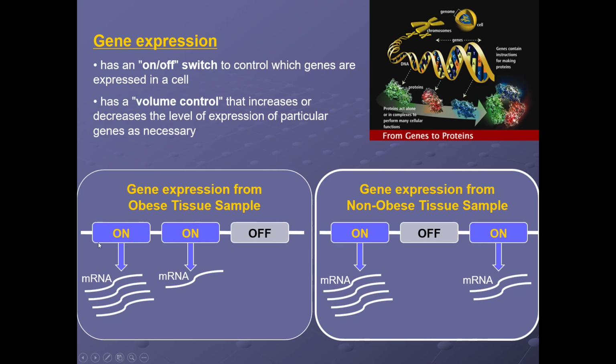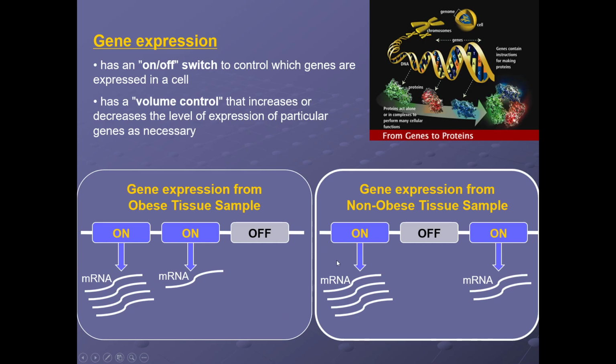It could be that despite the gene being on in both cases, the actual amount of mRNA being made in both cases could be significantly different. And it's a possibility that it may be reflected in completely different levels of the protein that is being made in the first case and in the second case, in a diseased tissue and a healthy tissue.